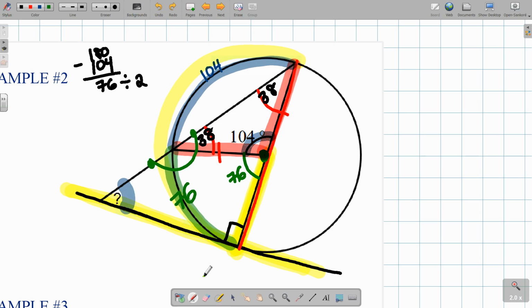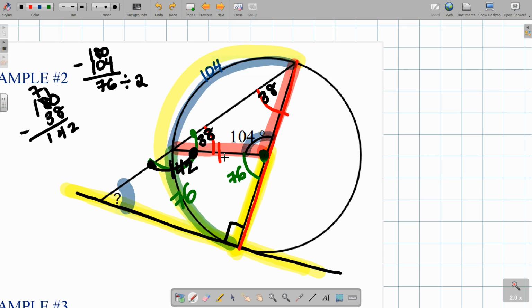That gives us 180, which means this angle right here, from here to there, of course, is 180 minus 38, at 142.